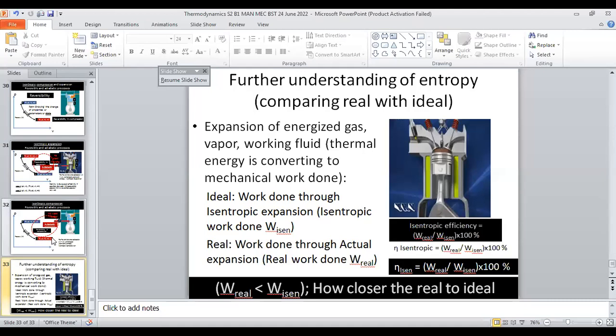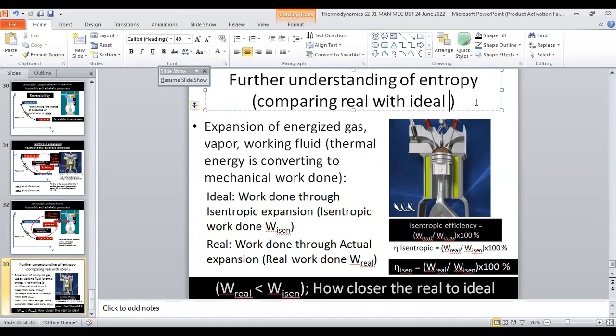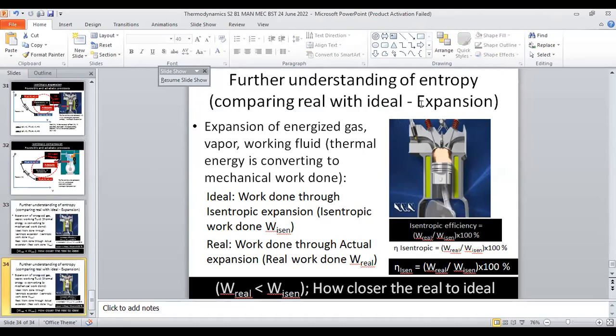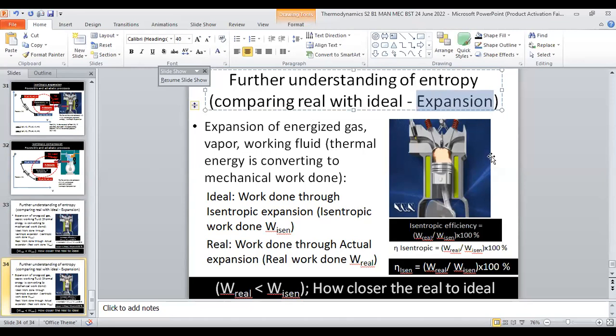In expansion, the same way. Now this is for expansion. So here it's for expansion, meaning work done: turbines, engines. Now let's see compression. What happens?